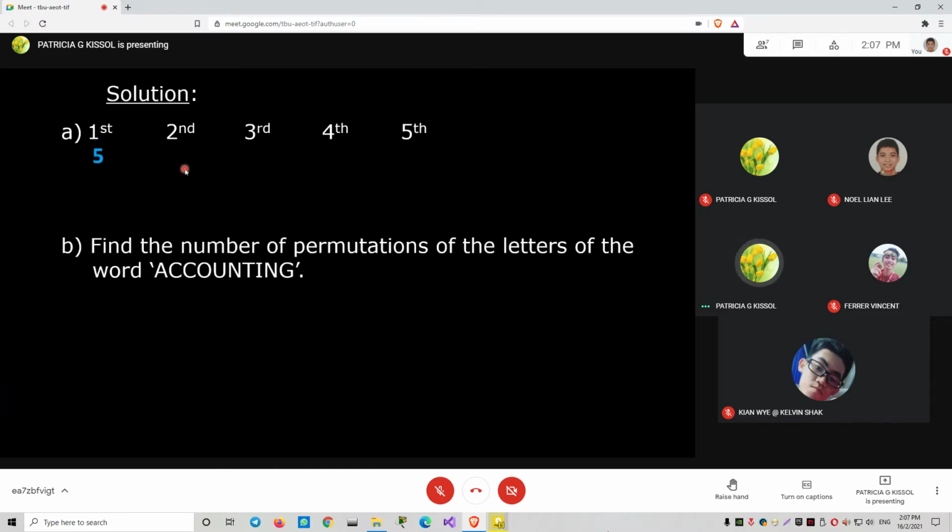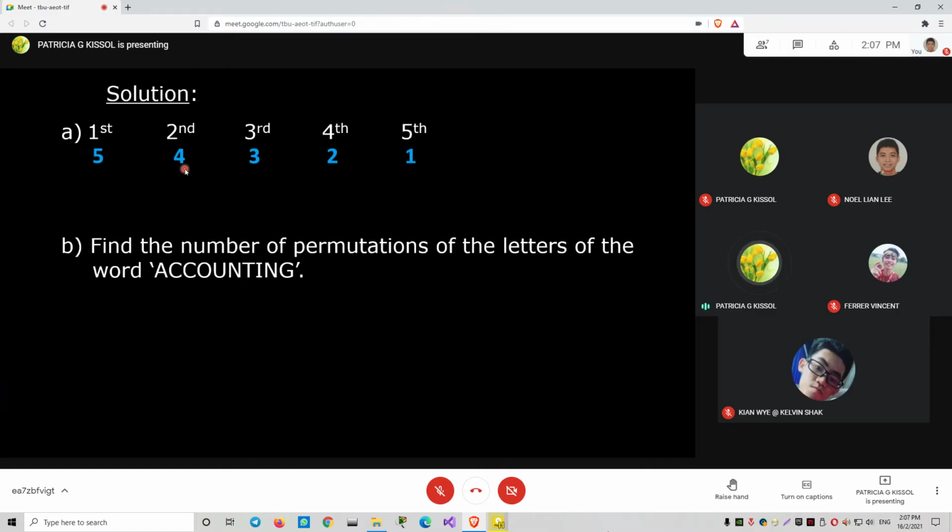So here for the first one, there would be 5. Second, if you have selected one of it, you only have 4 left, which is the second choice. And then the third, only 3. The fourth, only 2. And the fifth, which is the last one, you don't even have to choose.